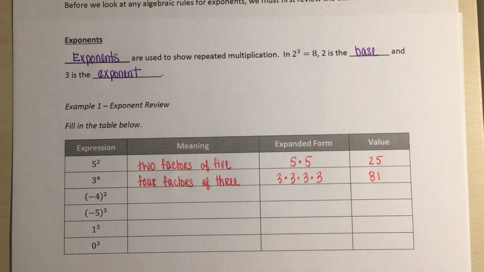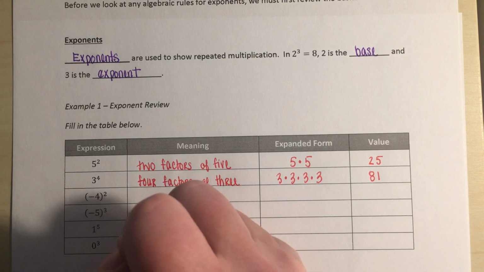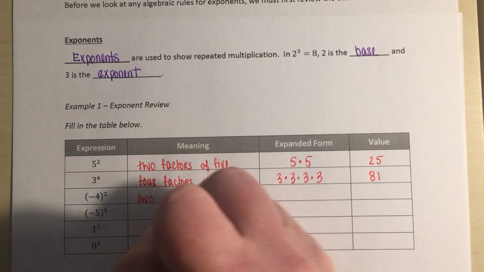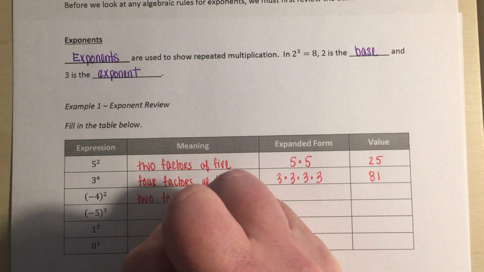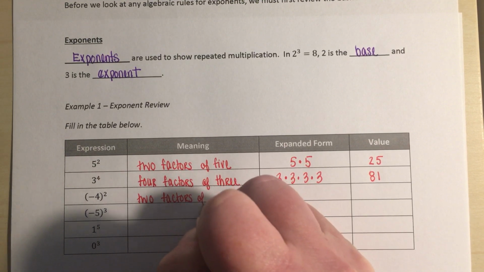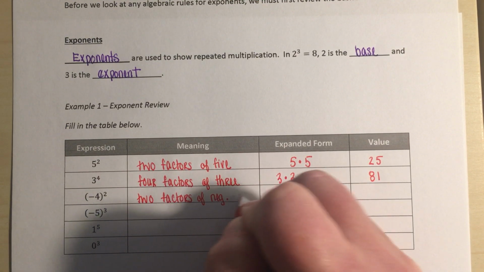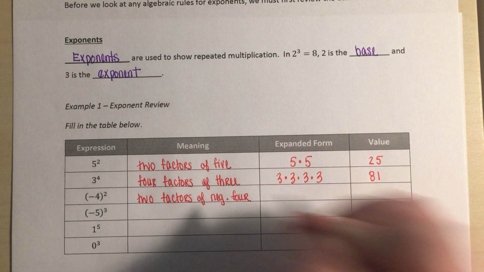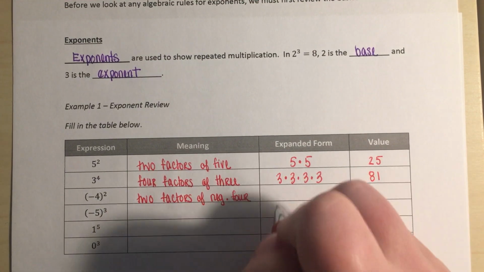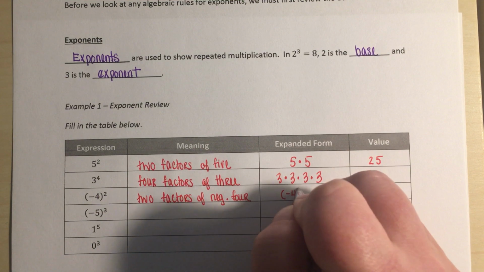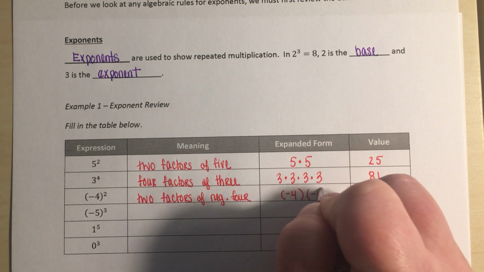Negative 4 squared. Notice that our negative 4 is in parentheses, right? So that is our base, that is our number that's being repeated. Right? So we have 2 factors of negative 4. If we write this out in expanded form, again, we're thinking negative 4 times negative 4.